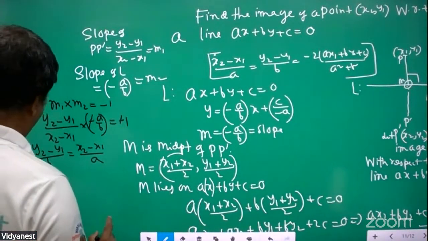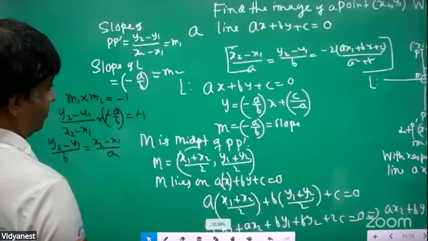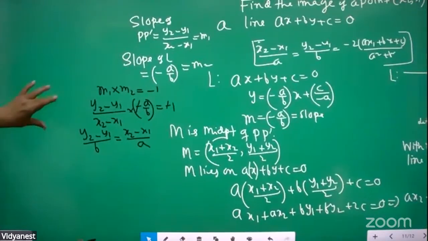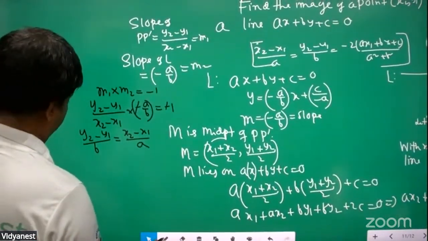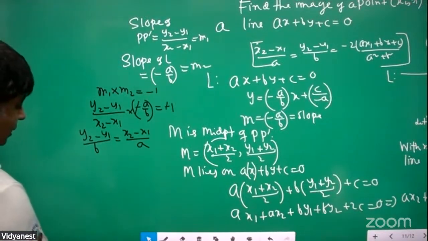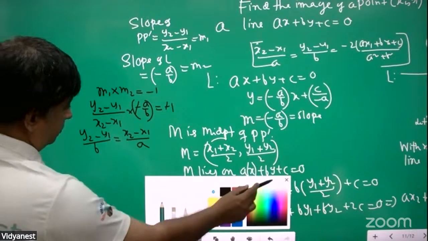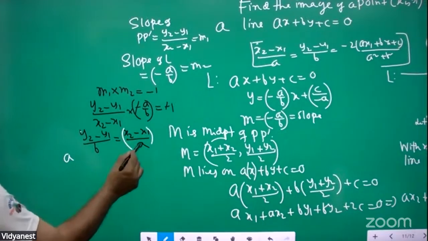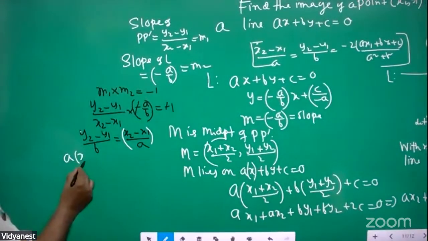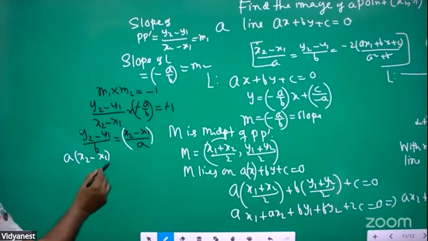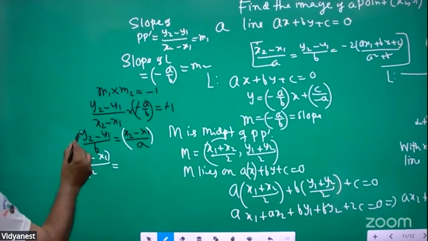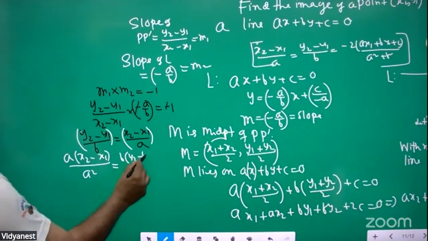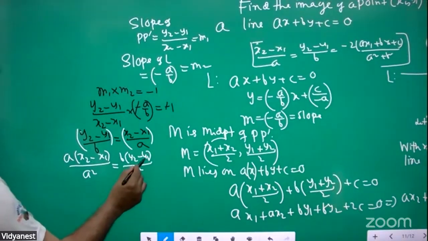What is that? See, you do one thing, you multiply numerator by a, denominator by a, it has become a square, numerator by b, denominator by b, b square.